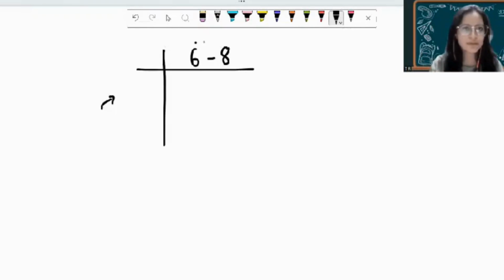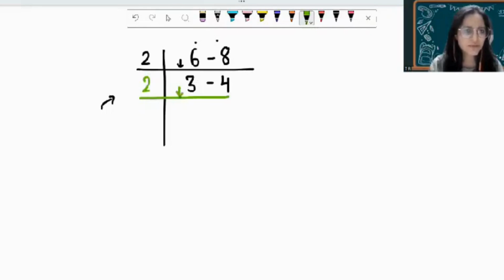Example, 2. 2 is going to divide both of the numbers here. So let's take 2. The answer here is going to be 3 after division, and here it is going to be 4 after division, right?